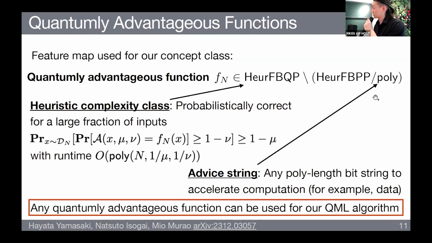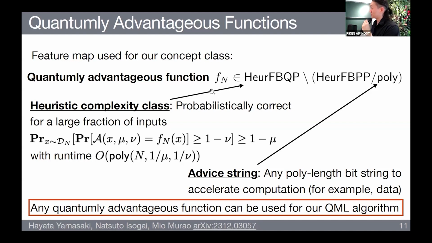This advice string is any polynomial-length bit string to accelerate computation. For example, it could be given classical data, hyperparameters, or some learned parameters of the model that potentially accelerate learning. Even with such data or parameters of a neural network, for example, we should not be able to compute such features. So we take such a function as the feature map in our setting.